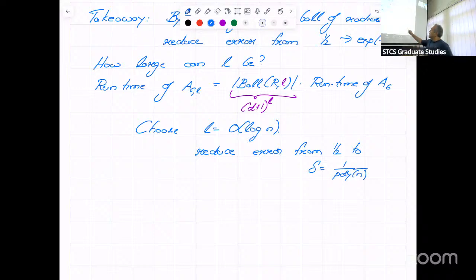You can choose the constant before the log as large as you want and make this polynomial as small as you want. Notice we have not spent a single extra random bit to do this. The number of random points is exactly the original number of random points. It is just picking a center without using any additional random points.